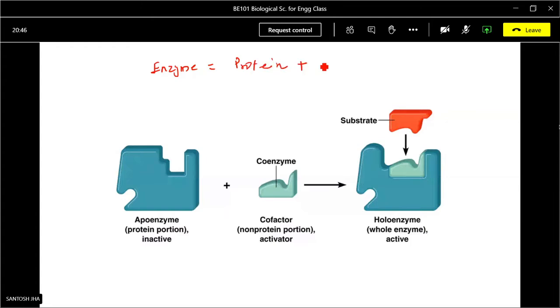and in some enzymes, besides this proteinous component, a non-protein part may also be present. This non-protein part is known as cofactor, and this protein part is known as apoenzyme.